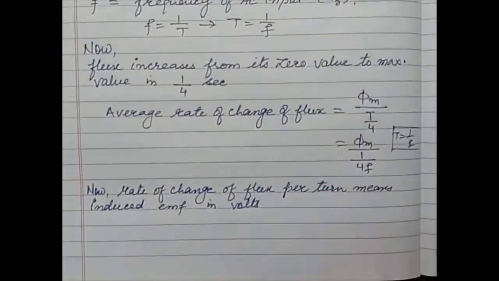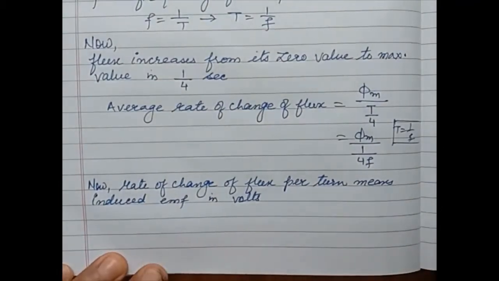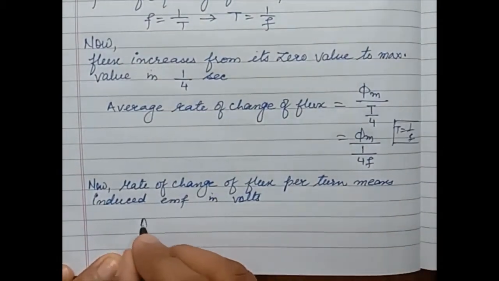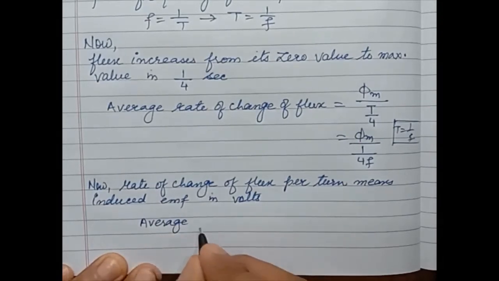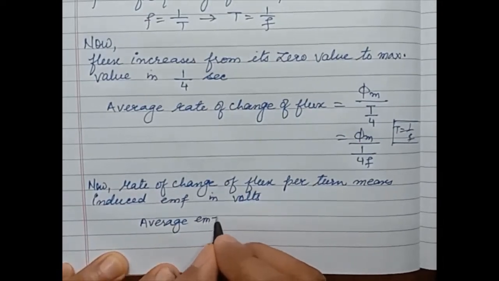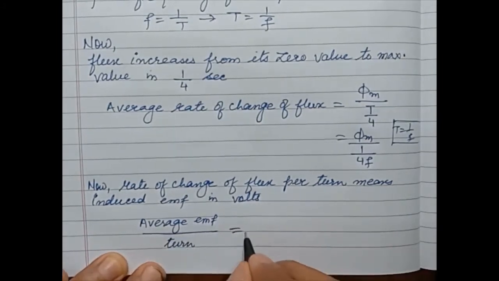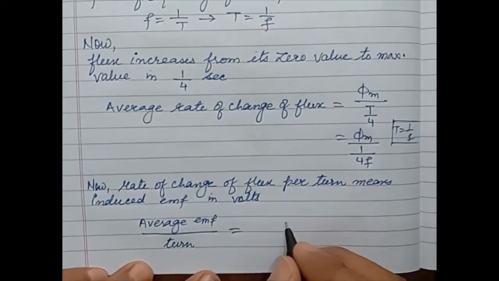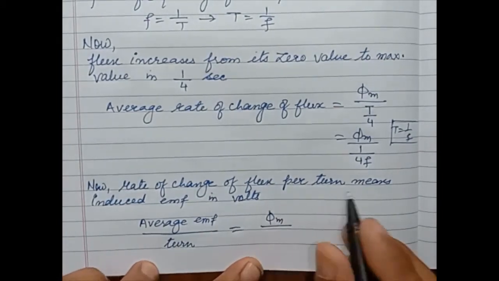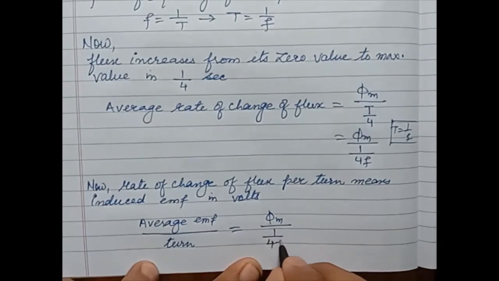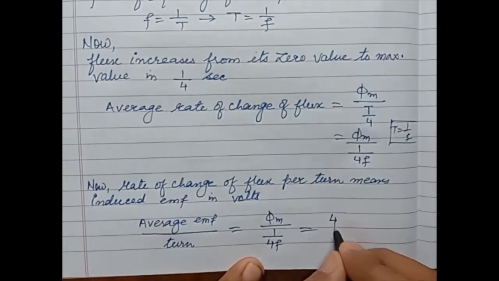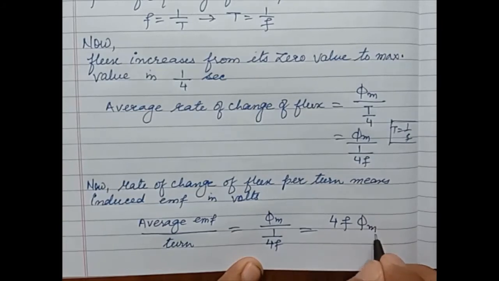So we can write that average EMF per turn is equal to phi m divided by 1 by 4f, or we can write it as 4f phi m.